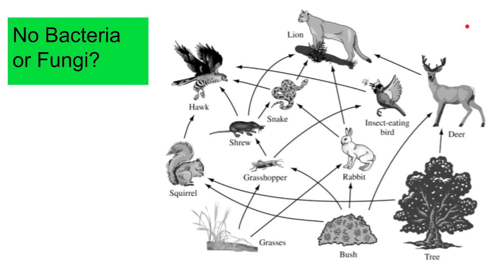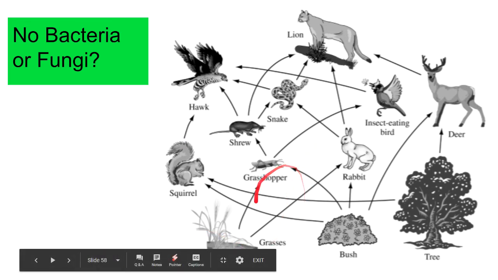Now, if you have a question like this, again, coming back to detritivores, you have a food web like this and there's no bacteria or fungi, what is going to be the result? Ultimately here, if you have all this going on, but you don't have anything that's recycling the nutrients, like, again, this is showing the transfer of energy.